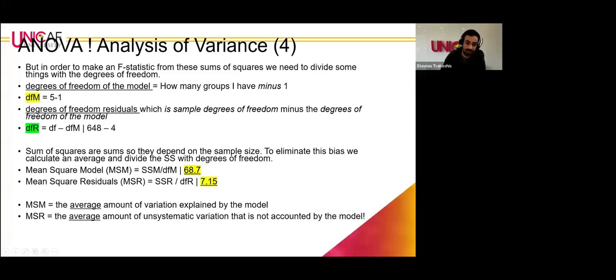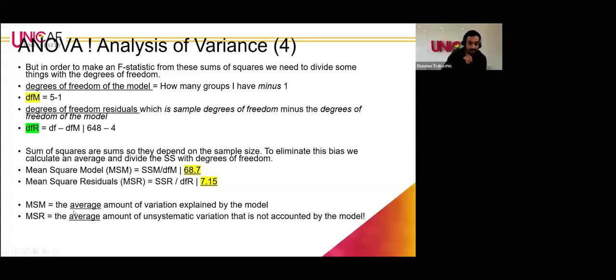Sums of squares are sums, so they depend on the sample size. To eliminate this bias, we calculate an average and divide the sum of squares by the degrees of freedom. So we have the mean square model, which is the sum of squares of the model divided by the degrees of freedom of the model, and we have the mean square residual, which is this number.